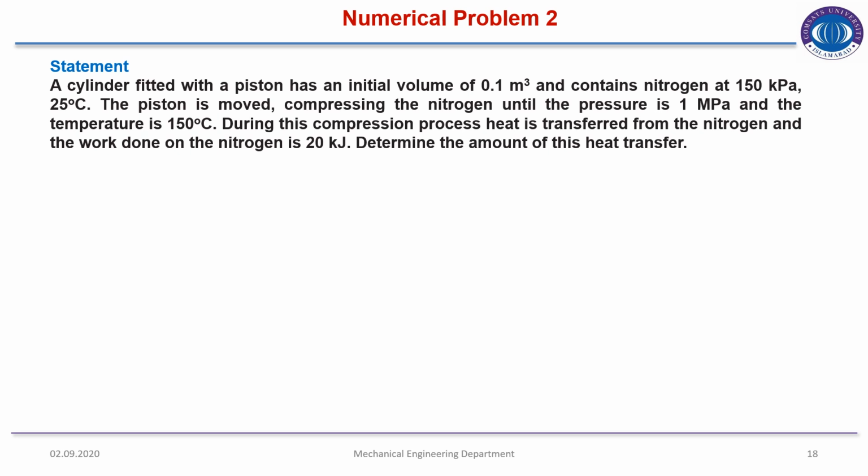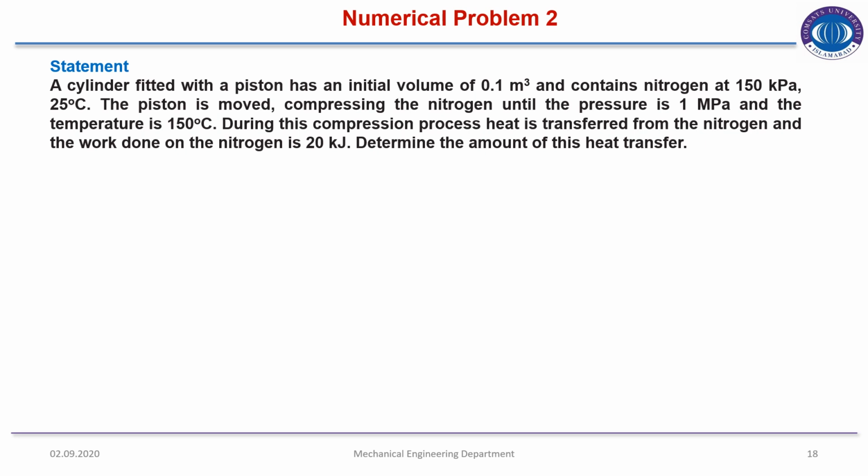Now we will solve another numerical problem. The statement of the numerical problem is: a cylinder fitted with a piston has an initial volume of 0.1 meter cube and contains nitrogen at 150 kilopascal at 25 degrees centigrade.